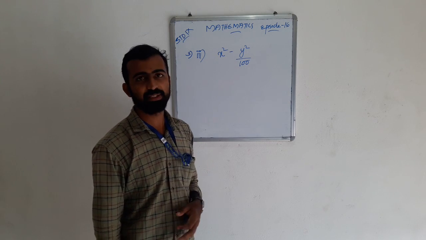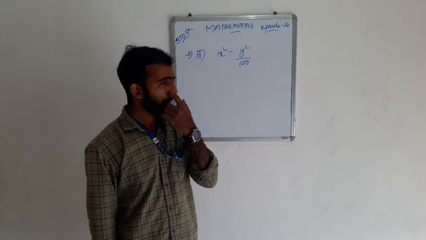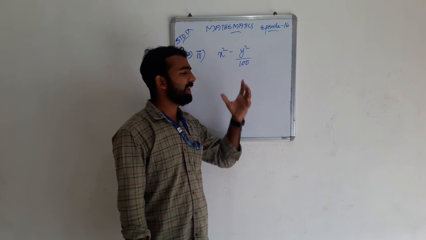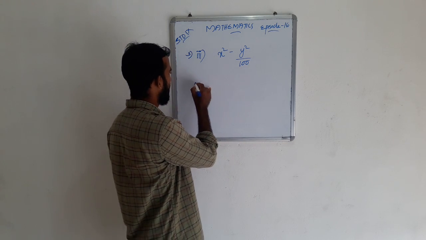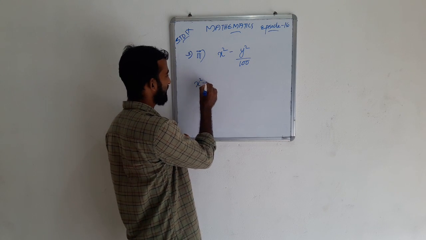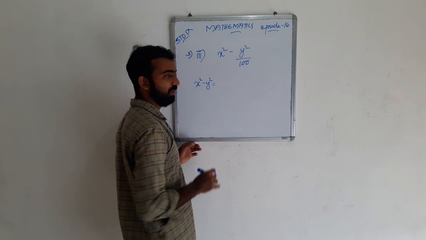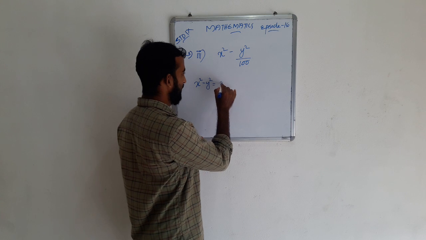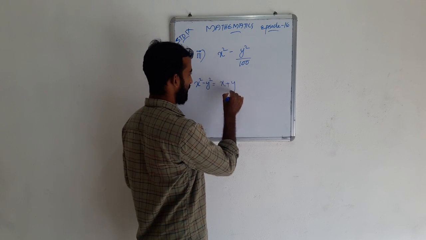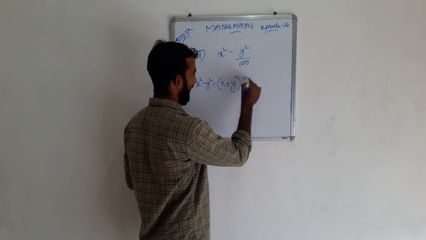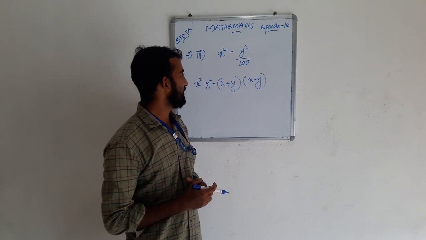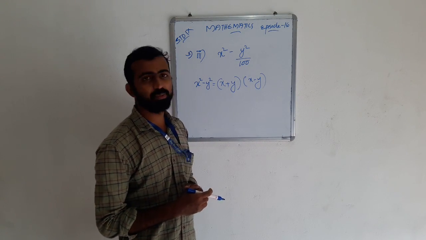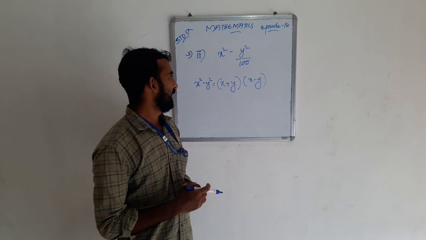We know the identity: x square minus y square means x plus y into x minus y.